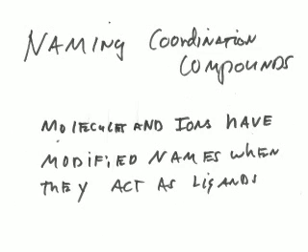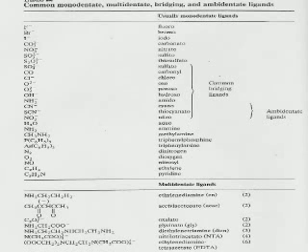Which brings us to everybody's favorite nomenclature, naming coordination compounds. The point is, when molecules and ions act as ligands, they have their names modified to indicate that they are in fact acting as ligands rather than as molecules or ions.